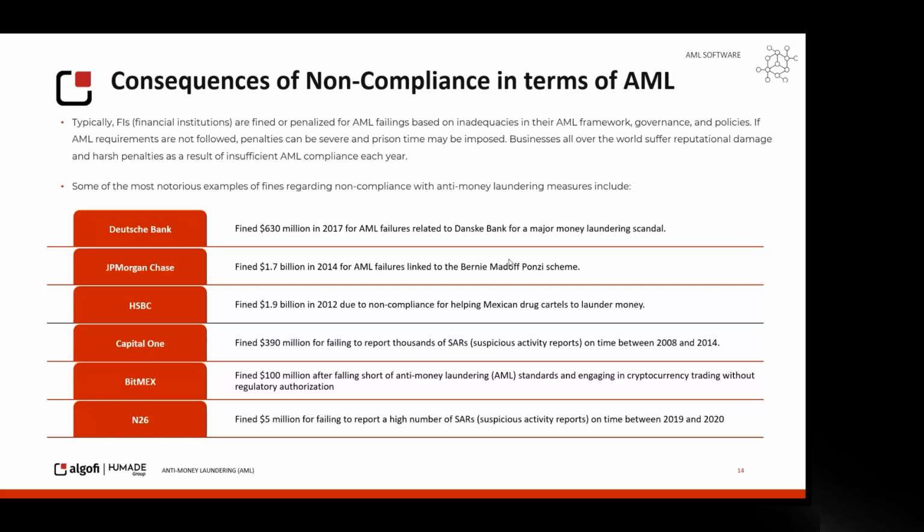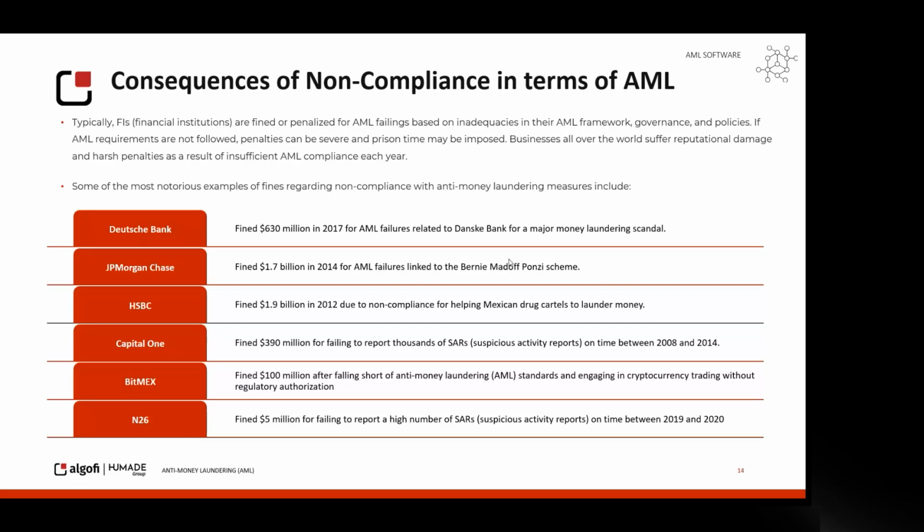Some of the most notorious examples of fines regarding non-compliance with AML measures include Deutsche Bank, which was fined $630 million in 2017 for AML failures related to Danske Bank for a major money laundering scandal.